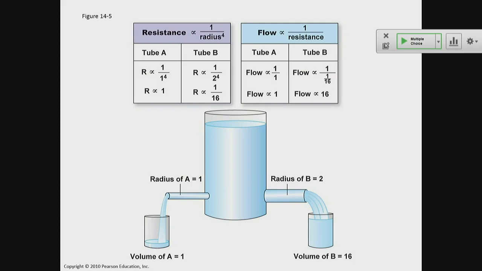And so if you flip these around, then R, which is now the resistance, would be 8 multiplied by the length multiplied by eta divided by pi and divided by r to the fourth. This r here is the radius again. So don't mix up the two different r's. This R is here, the resistance.